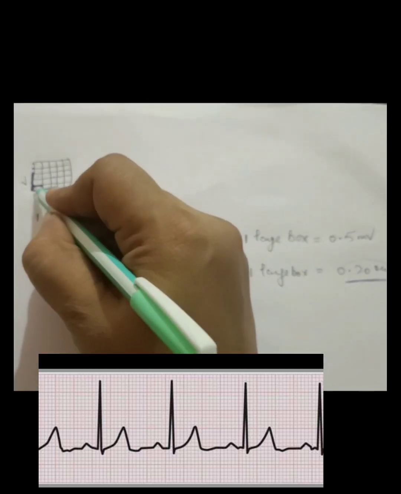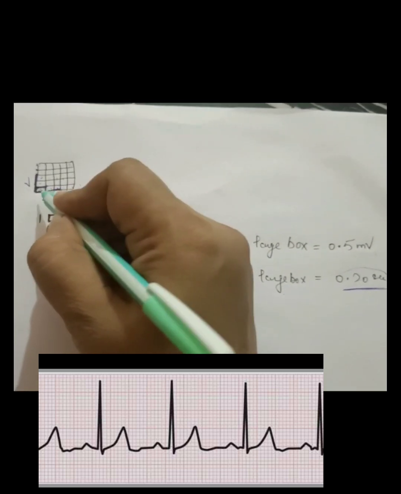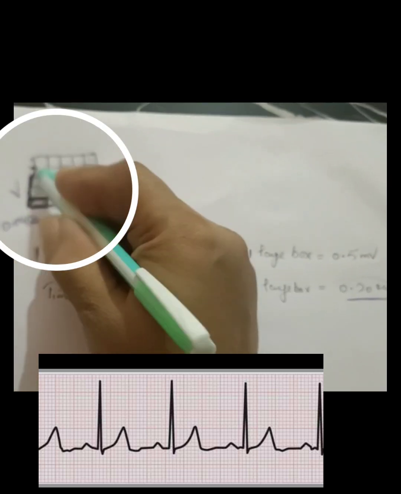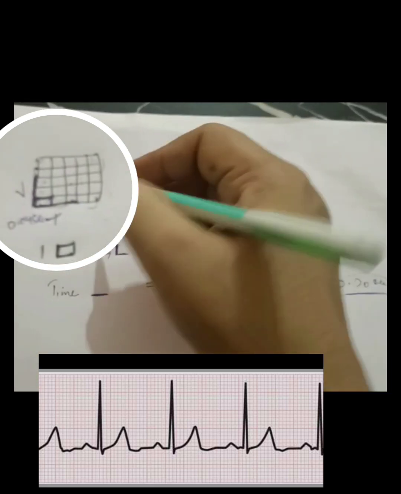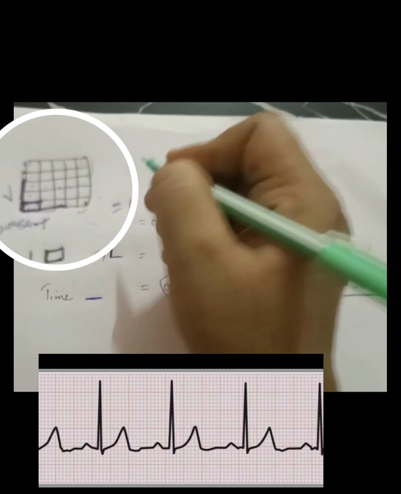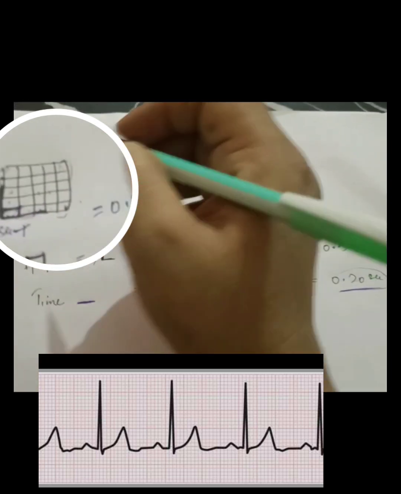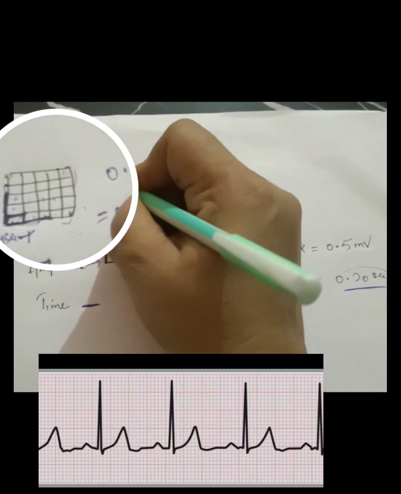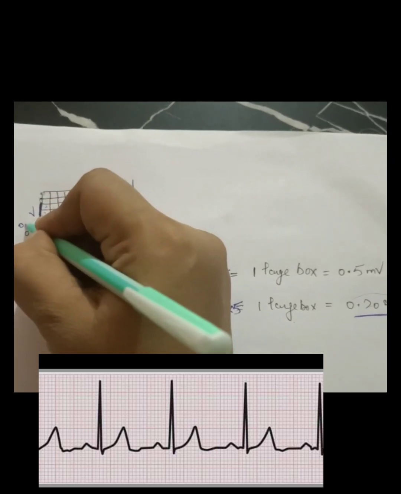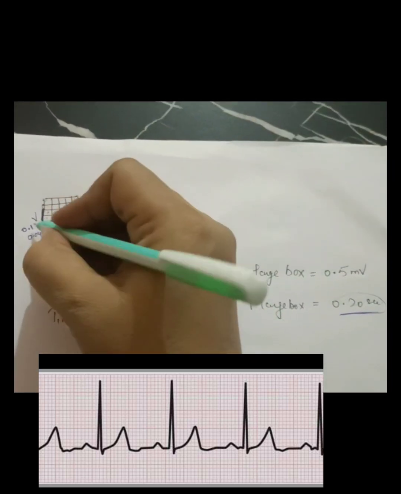So one small box is 0.04 second, and the whole large box is 0.20 second, and the voltage of the whole large box is 0.5 millivolt, and of the small one it is 0.1 millivolt.